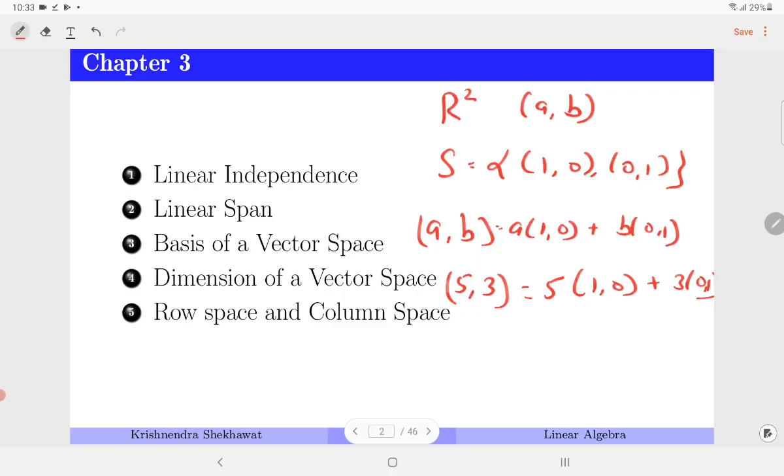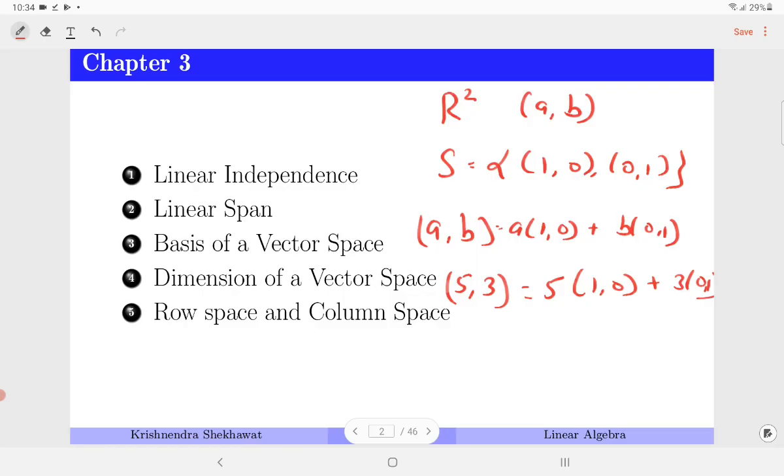Which means that the aim of this chapter is to find a smallest set that can regenerate the whole vector space. So if I have the set S, which is {(1, 0), (0, 1)}, I can get any element of R2 from (1, 0) and (0, 1), and this set has the property that (1, 0) and (0, 1) are independent of each other, which means one cannot be expressed as a scalar multiple of the other.